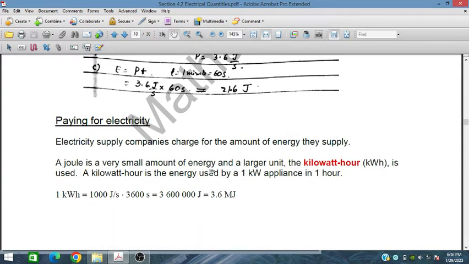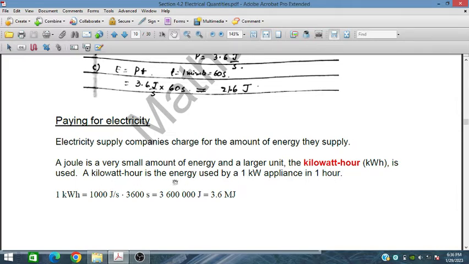Paying for electricity: supply companies charge for the amount of energy they supply. A joule is a very small amount of energy, and a larger unit is the kilowatt hour. In our homes, every unit is basically a kilowatt hour. So if we use 1 kilowatt hour in our home, it means 1 unit has been consumed. That 1 kilowatt hour of energy is used by a 1 kilowatt appliance in 1 hour.